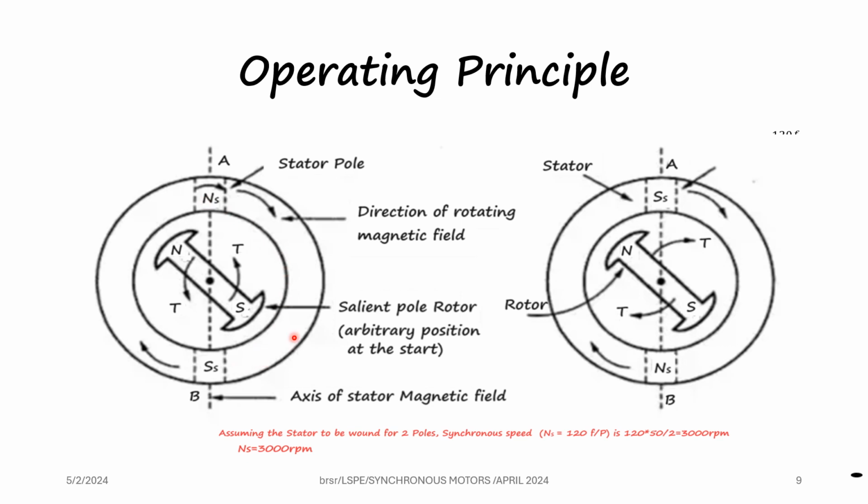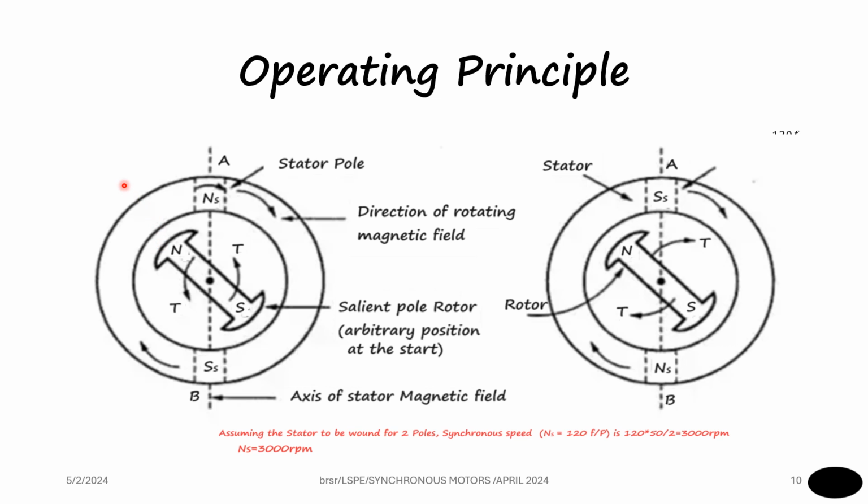The speed at which this rotating magnetic field would rotate is given by the equation Ns is equal to 120 f by P. For a frequency of 50 Hz and for the number of poles of 2, the speed of the rotating magnetic field will be 3000 rpm. The rotating magnetic field is rotating at 3000 rpm.